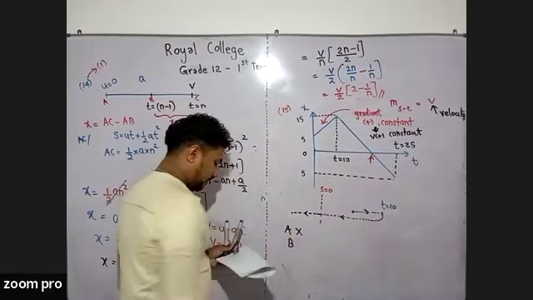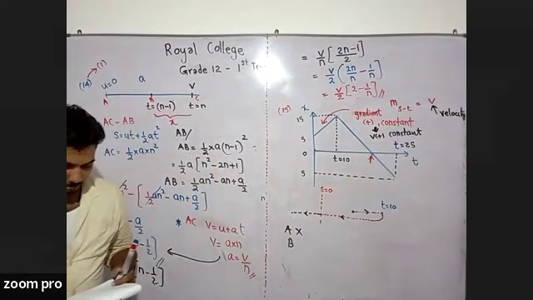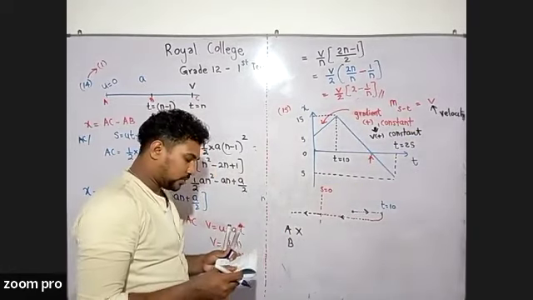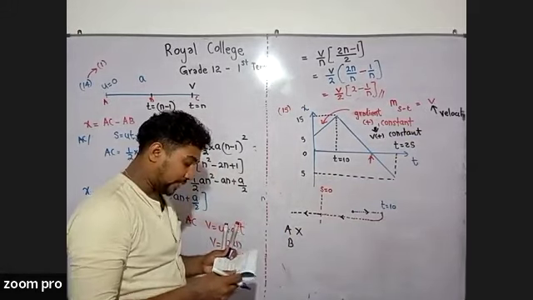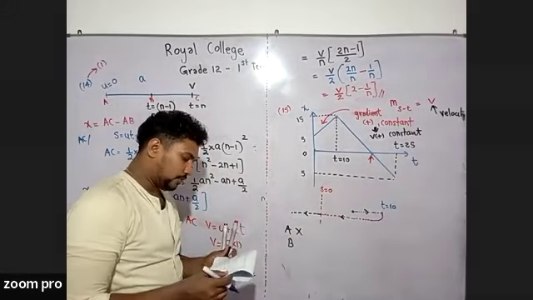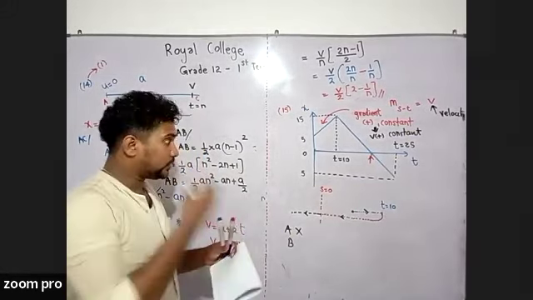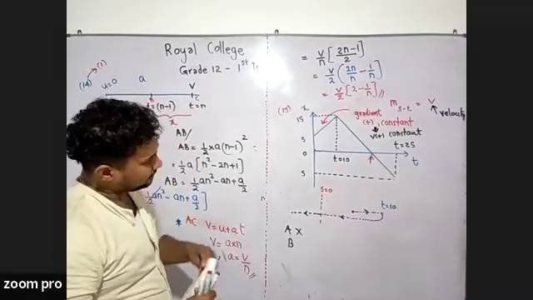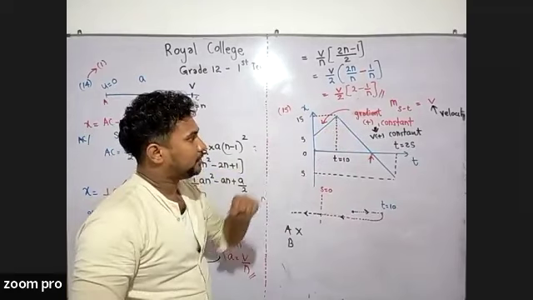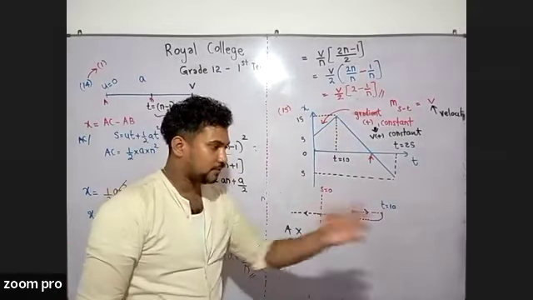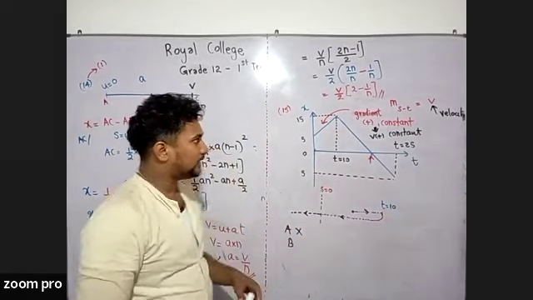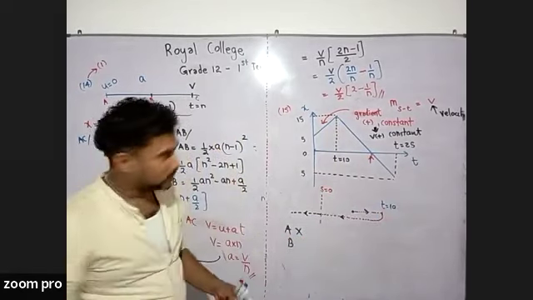A is incorrect, right? B, the velocity of the object during the period of 10 to 25 is greater than the velocity of the object during 0 to 10. Now, as I mentioned, the gradient represents the velocity, and the gradient can be obtained by delta y over delta x, isn't it?